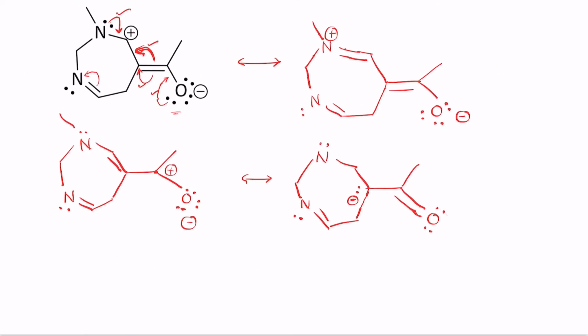So the last structure is for the last arrow, where the double bond donates its electrons to the nitrogen. The double bond originally has 2 pairs, nitrogen gets 2 lone pairs, so nitrogen gets a negative charge.